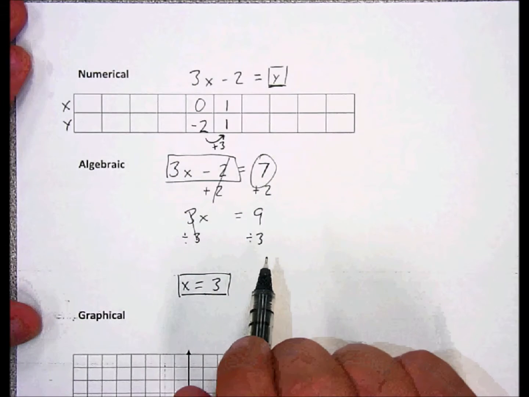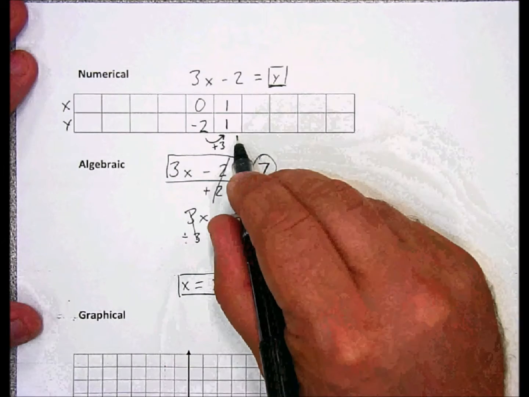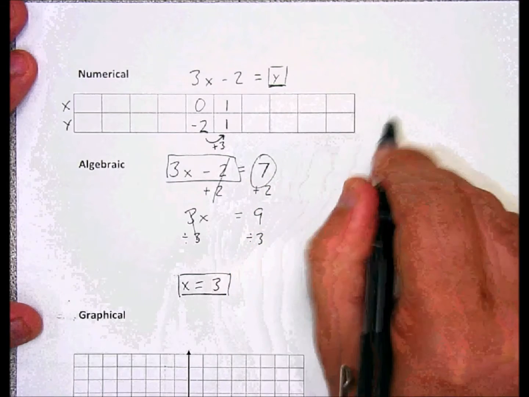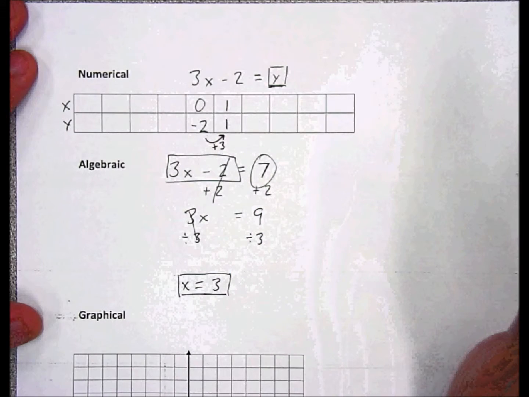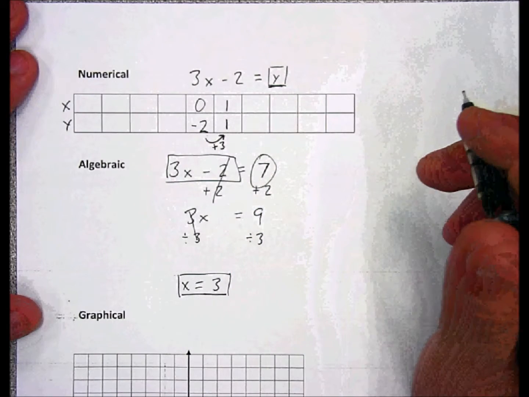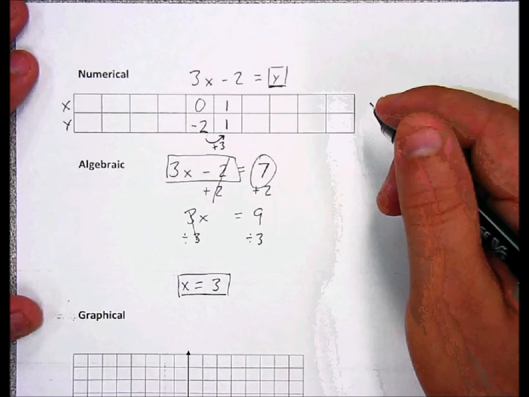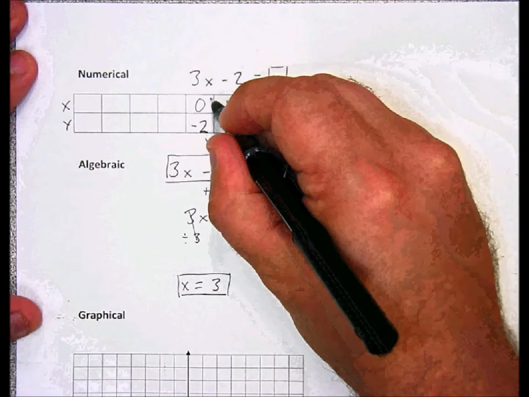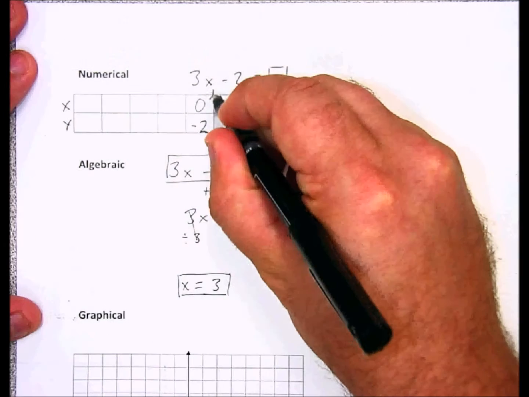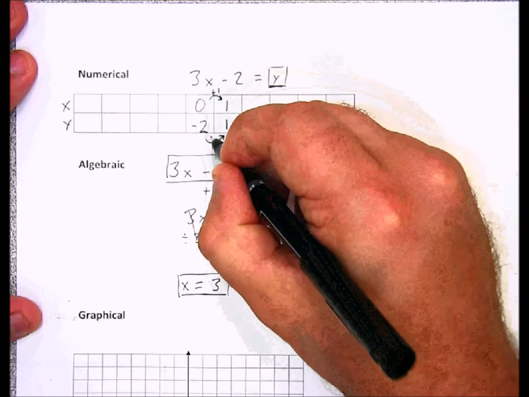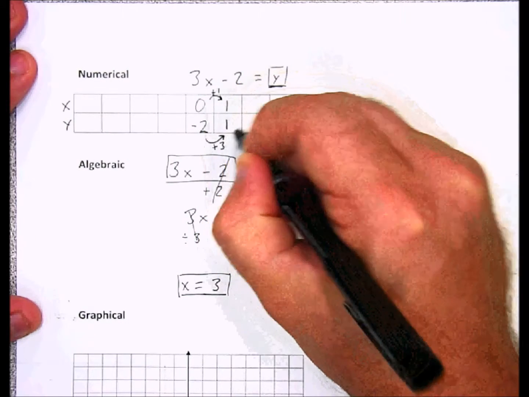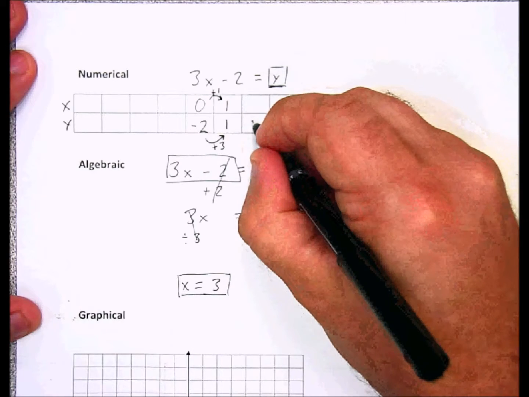Okay, and you can do this a couple ways. I could just keep going +3, +3, +3 until I eventually find a 7. You could also ask yourself, if going up by 1 here made this go up by 3, well, the number I want is a 7, right?